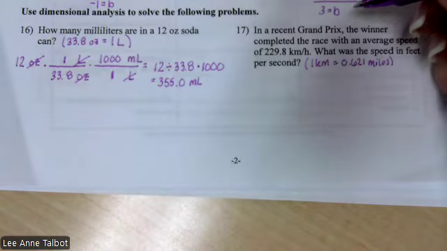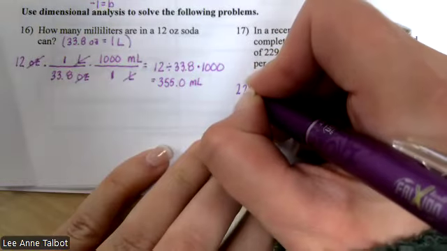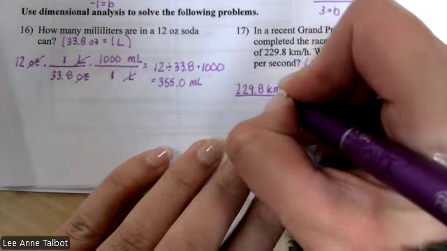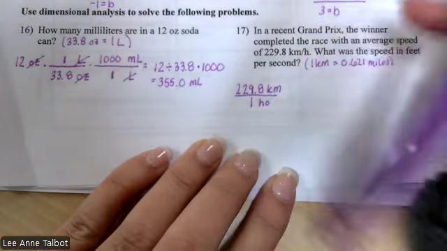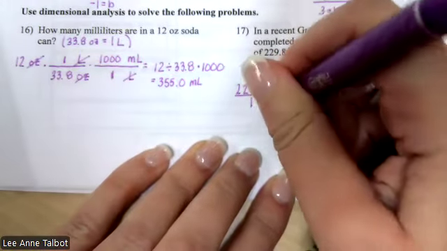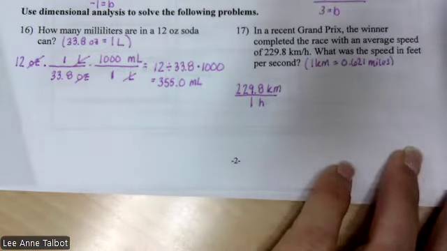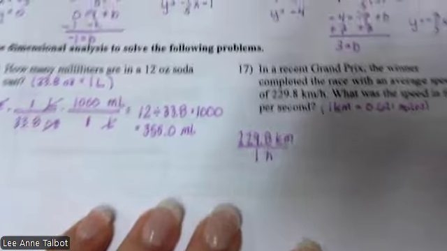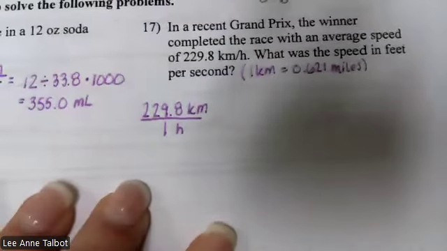In a recent Grand Prix, the winner completed the race with an average speed of 229.8 kilometers in 1 hour. What was the speed in feet per second? So this one's different. They gave you a rate, so I need to set it up as a fraction like this.